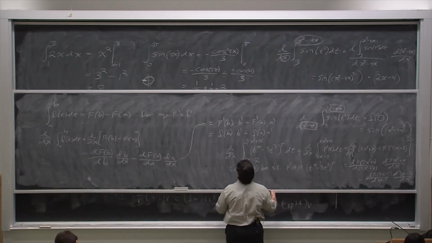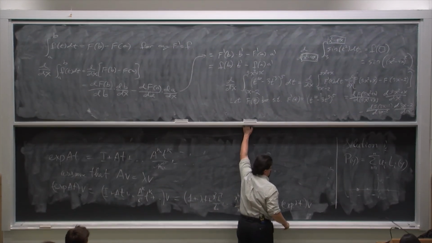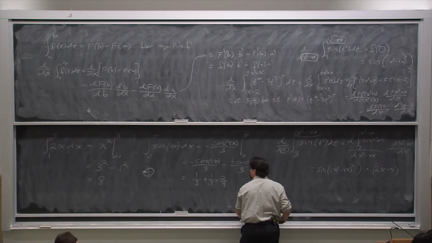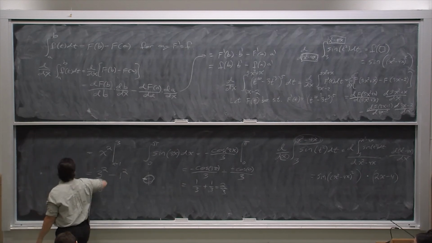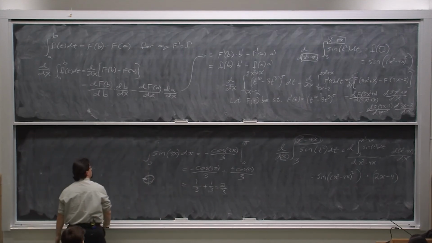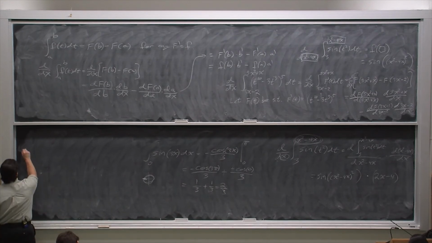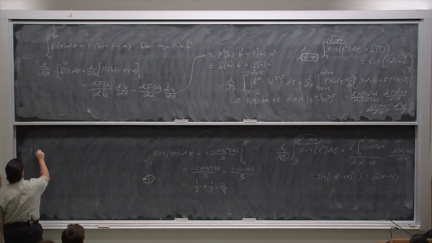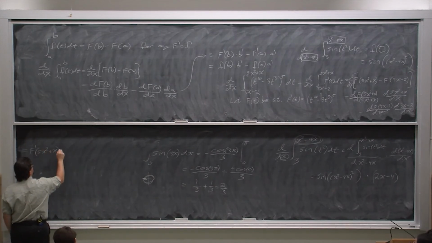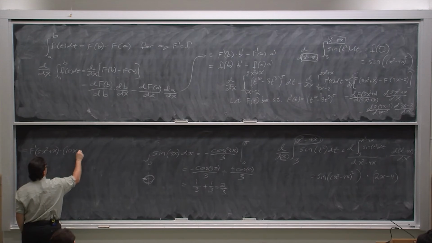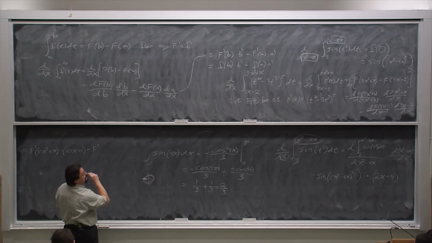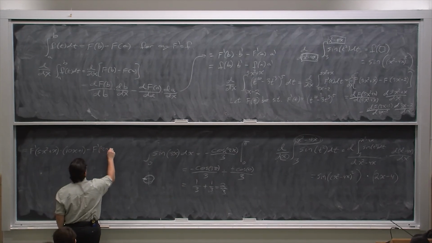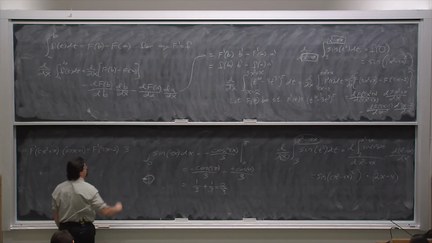Okay? So, what is that equal to? That's big F prime at 5x squared plus x times the derivative of that, which is 10x plus 1, minus big F prime at 3x minus 2 times its derivative.